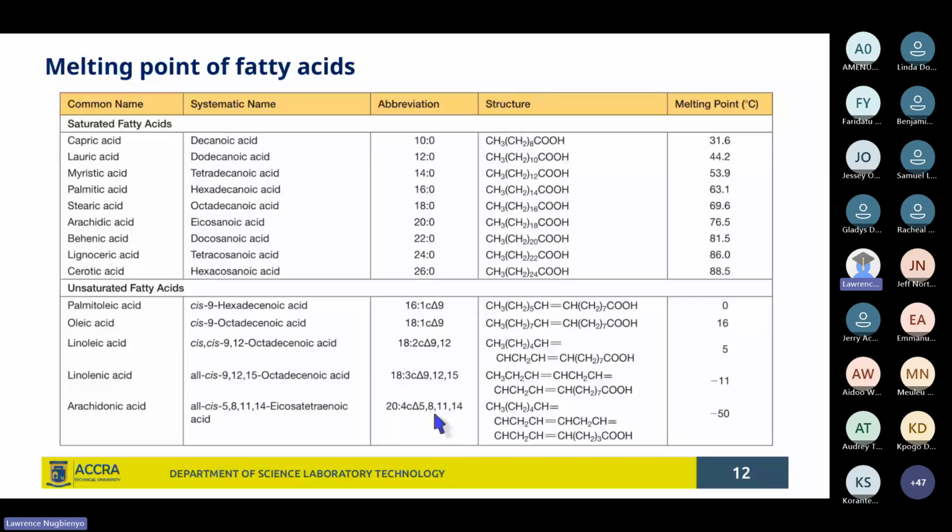Depending on the type of fatty acids that are present in the lipid, the biomembrane exhibits a certain property, whether it is going to be more fluid or less fluid, or how it's going to withstand temperature.